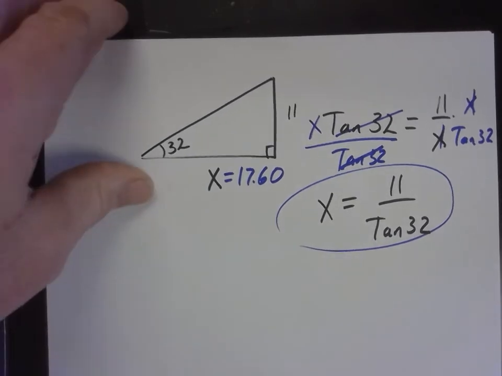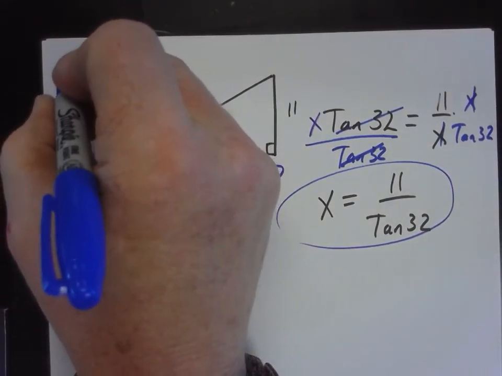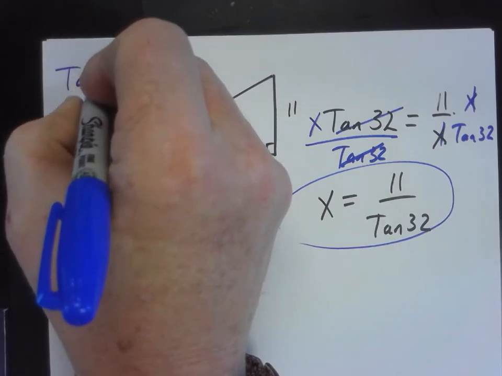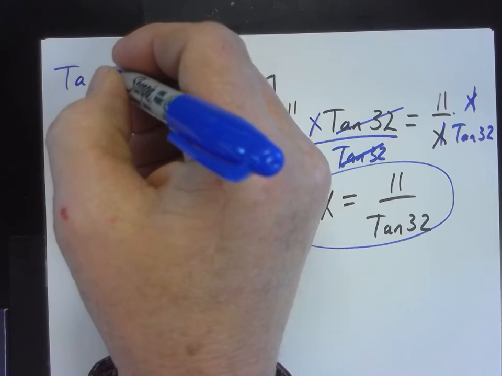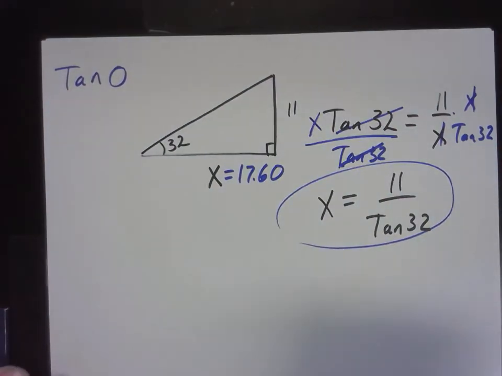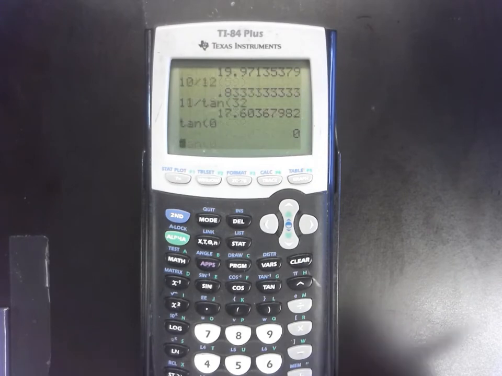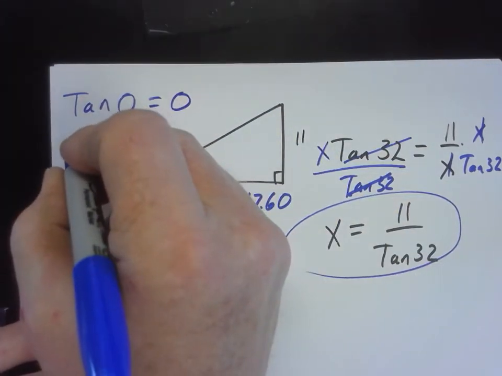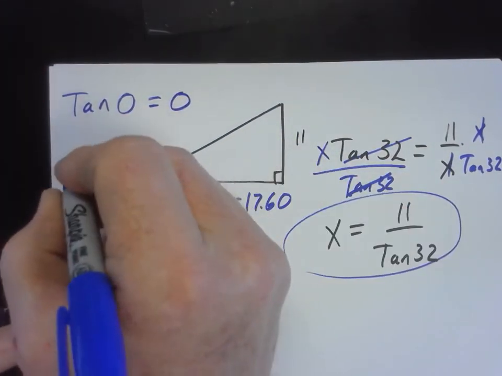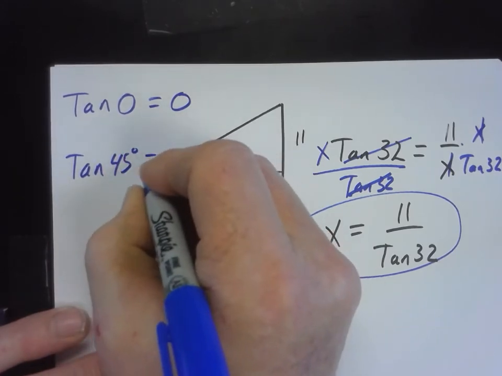So when we look at the trig tables, and I'll give you a sheet with trig tables tomorrow, when we look at the tangent, if we start out really low, let's say the tangent of 0 degrees, and then as we get bigger, when we get up to the tangent of 45 degrees, we get up to 1.